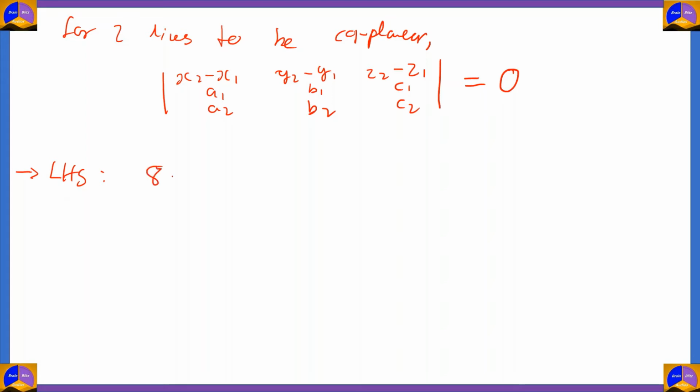x2 is 8, minus x1 is 5, y2 is 4, minus y1 is 7, z2 is 5, minus z1 is minus 3, so 5 minus minus 3 becomes 5 plus 3, and a1 is 4, a2 is 7, b1 is 4, b2 is 1, c1 is minus 5, c2 is 3.